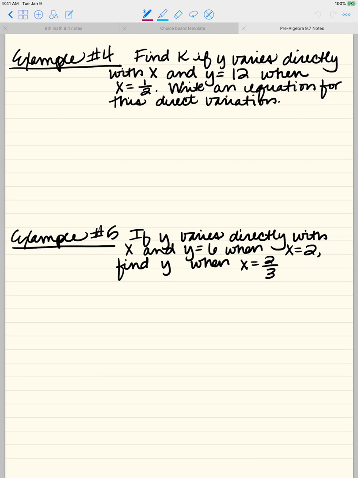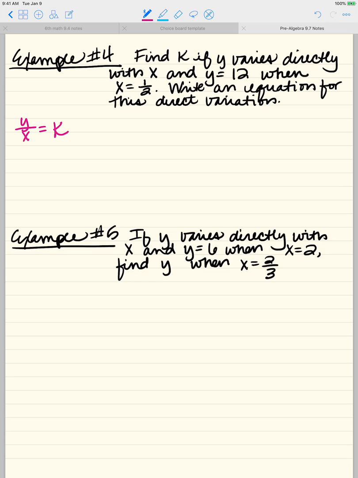Example number 4. Find k if y varies directly with x. So we know when it says that we're dealing with a direct variation. Find k if y varies directly with x and y equals 12 when x equals 1/2. Write an equation for this direct variation. How do we find k? The ratio y over x is equal to k.